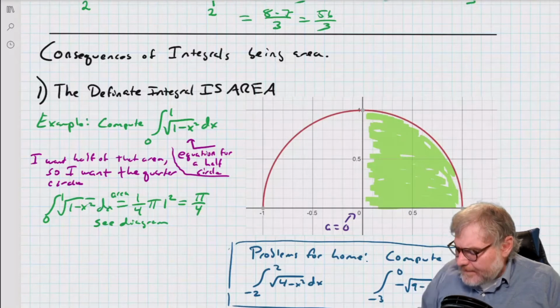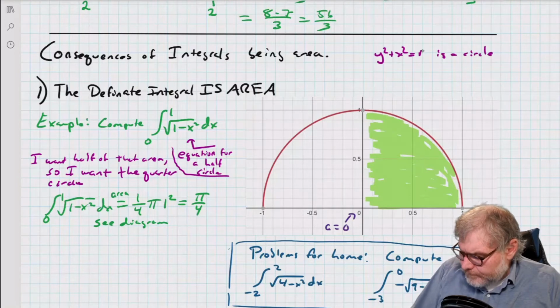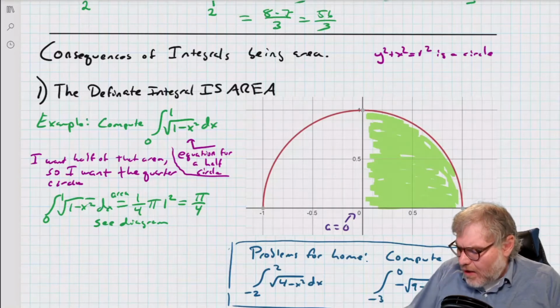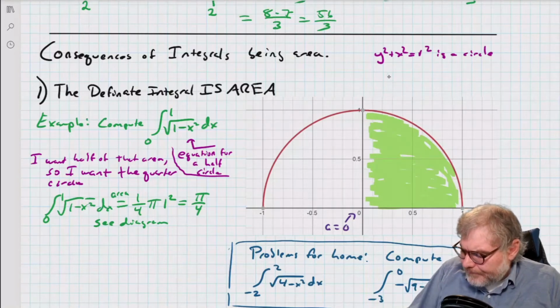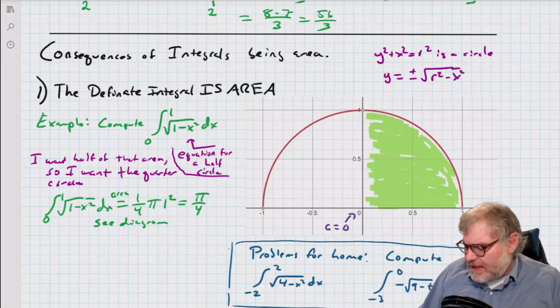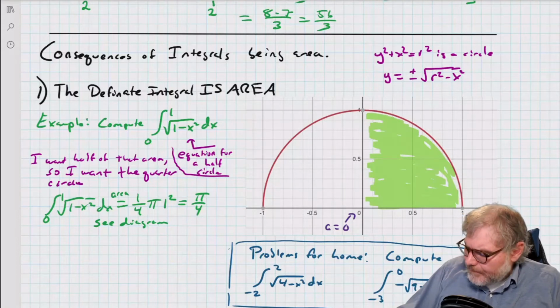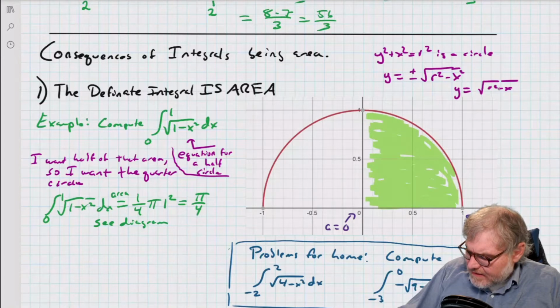So recall that's a circle with radius r. Y equals the square root of r squared minus x squared is the top half.